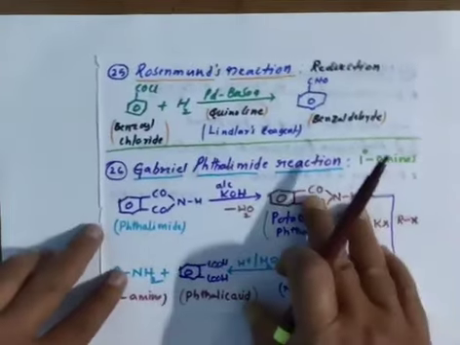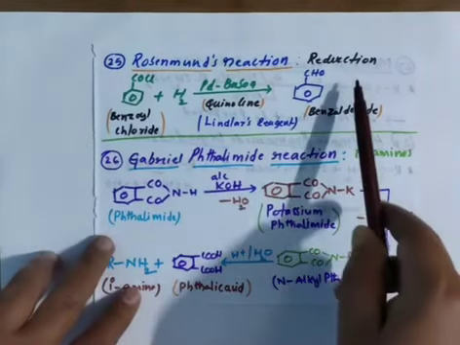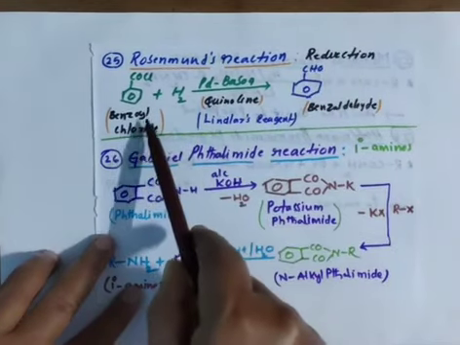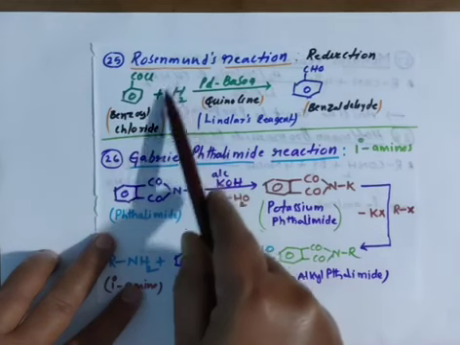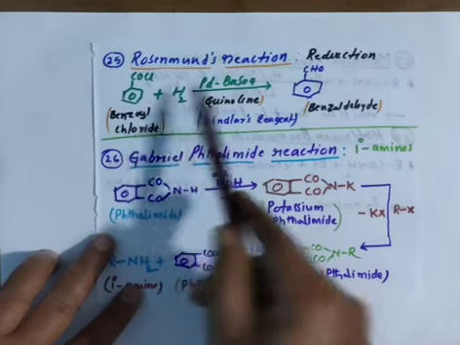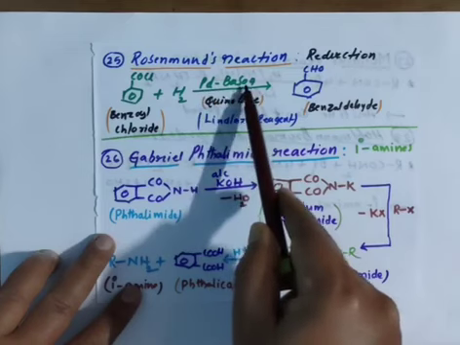Next, the Rosenmund reaction. A very important reaction, Rosenmund. It is a reduction reaction where benzoyl chloride is treated with hydrogen, meaning we are adding hydrogen, which means reduction, in the presence of palladium on barium sulfate.